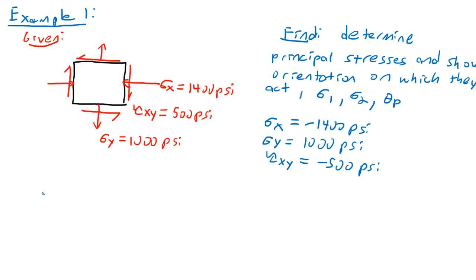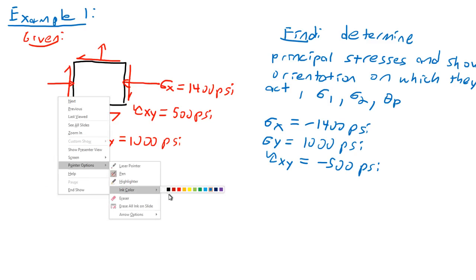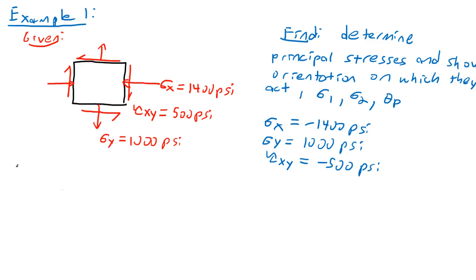So, let us apply this formula. The principal planes are where normal stress is at max and tau equals 0.